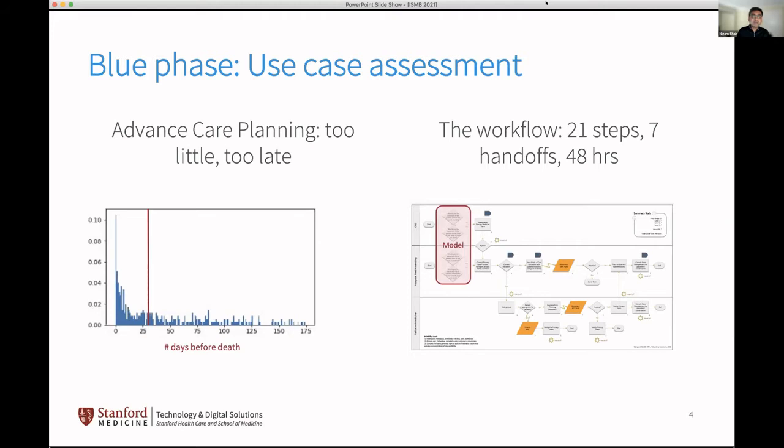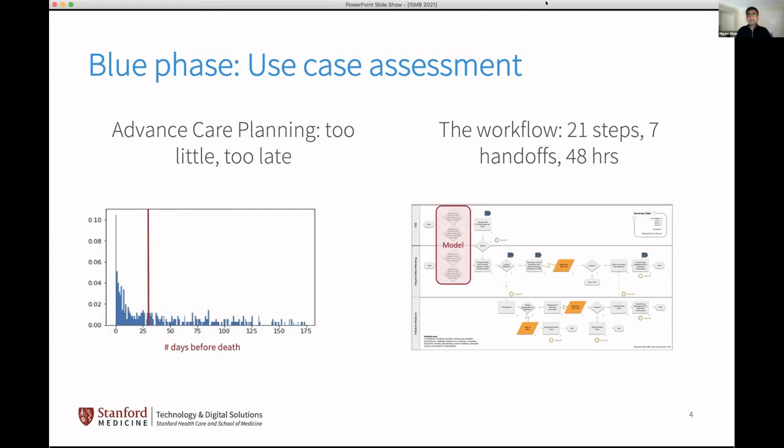A lot of individuals' final wishes are not honored. The way they want to spend time does not get done properly. And there's lots of research around this. But the problem that we've honed in on is that we do these things too late and too little, in the sense that if you see this plot and ask how many individuals even got the conversation, the numbers are in the 8 to 10% range.